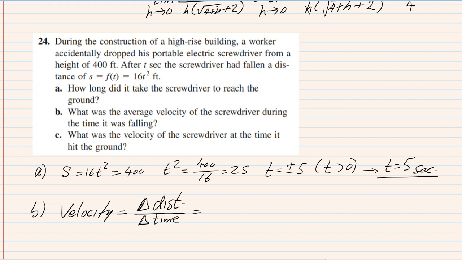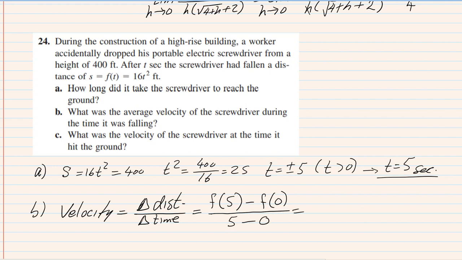So for us, because it took 5 seconds, we're going to look at the value of the function at 5, that's our displacement function at 5, minus the displacement function at 0, which amounts to 400, divided by the change in time, 5 minus 0.